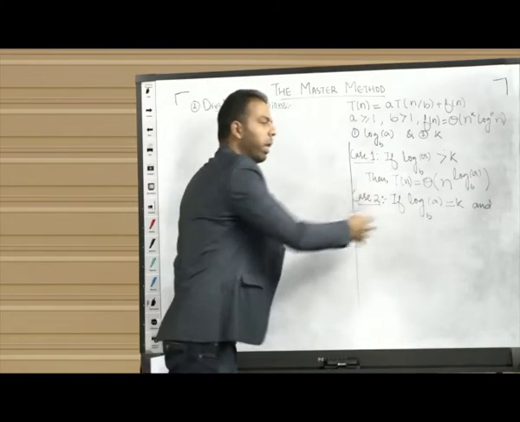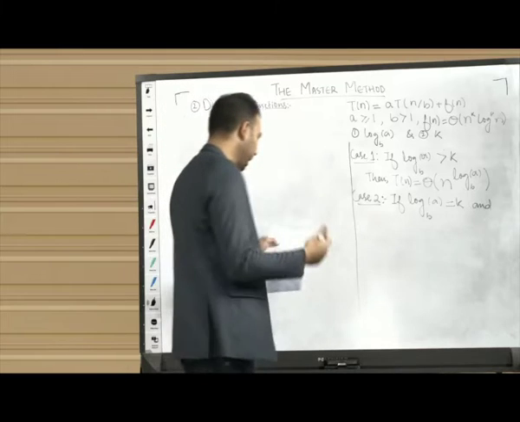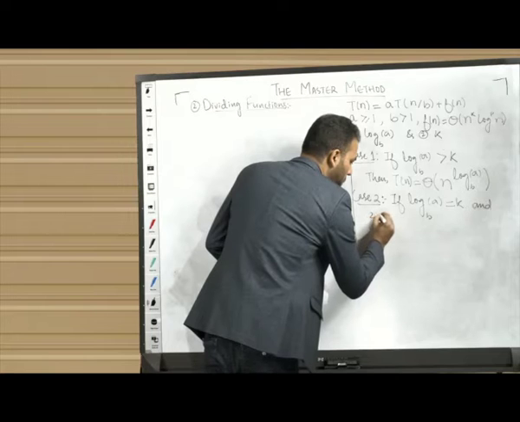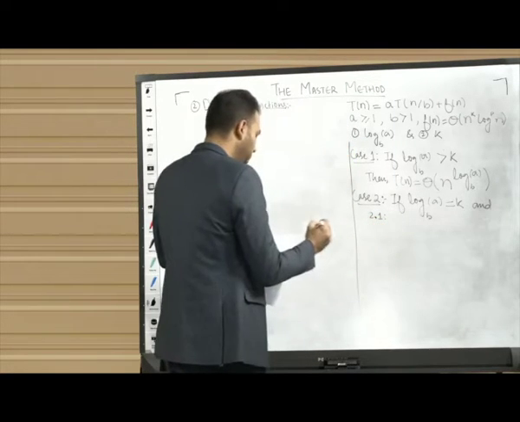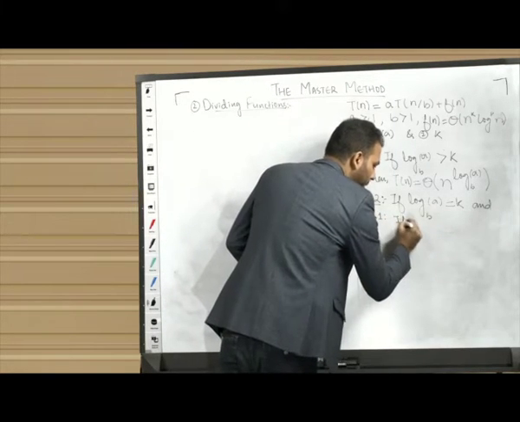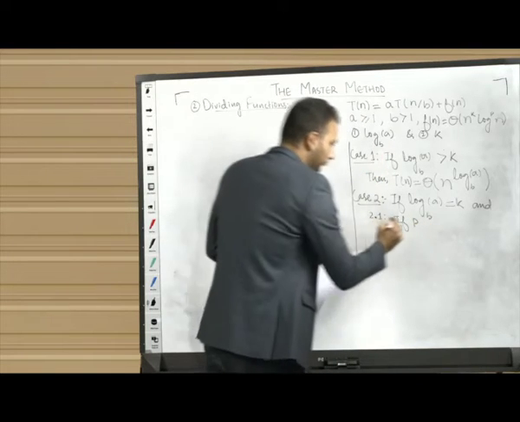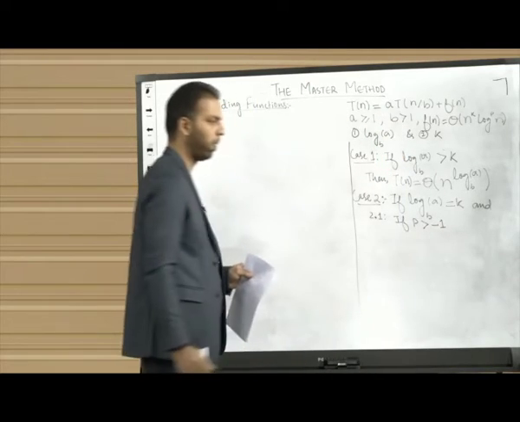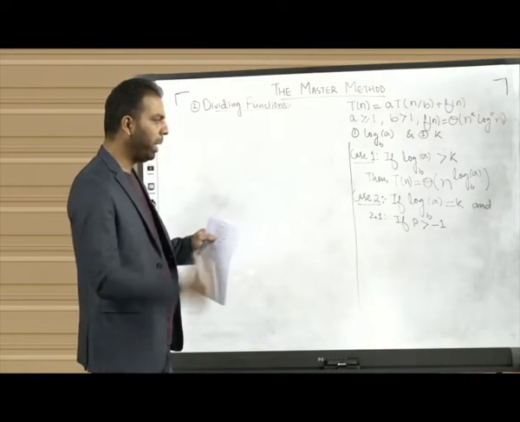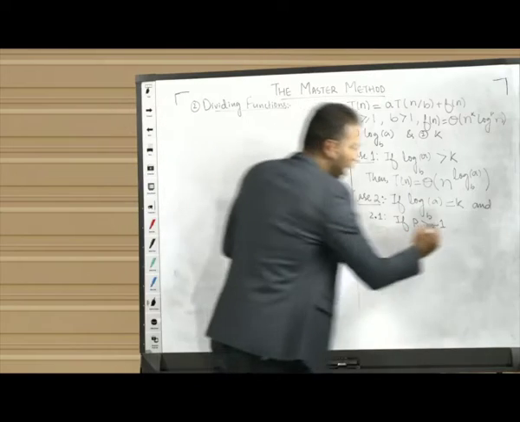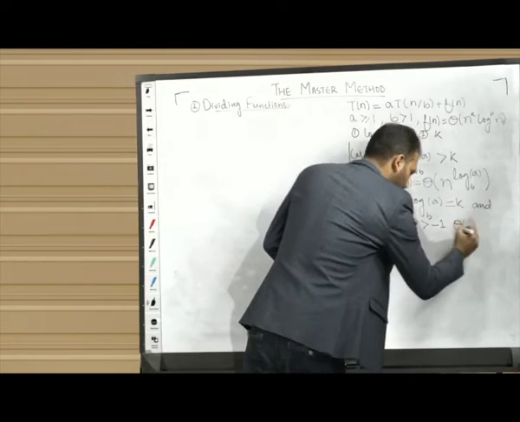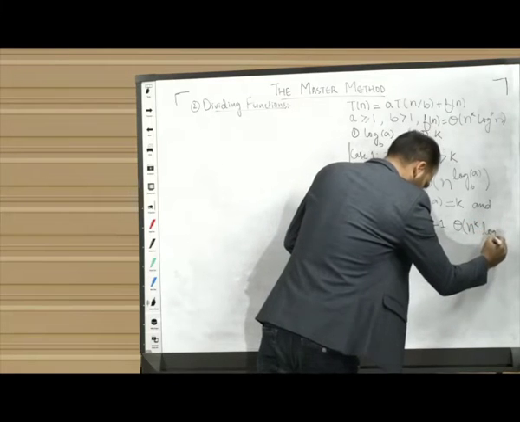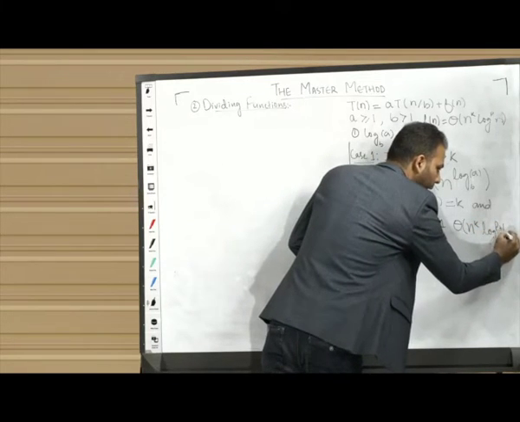First this condition is true that it is equal to k, and the second condition, I will write it as 2.1: if your p is greater than -1, then it is of the order theta n raised power k log p plus 1 n.